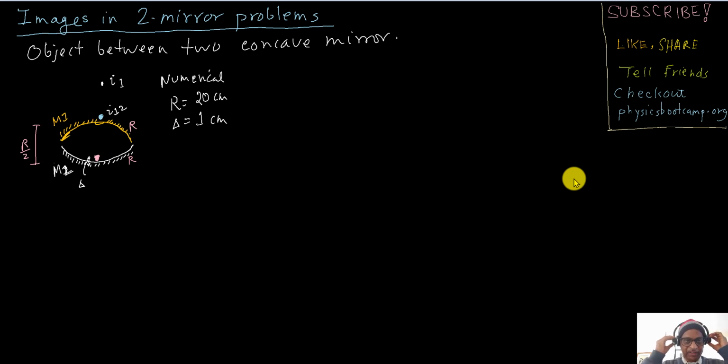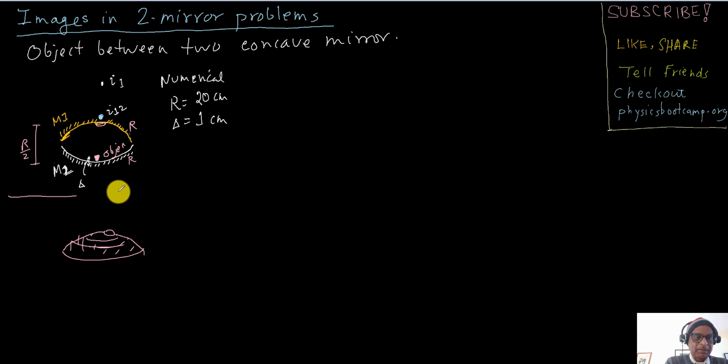Okay, let's do a more interesting problem where we have two concave mirrors now, facing each other, and you place an object here, and the top one has a little hole. It's like a ball with a little hole, and this side is silvered.